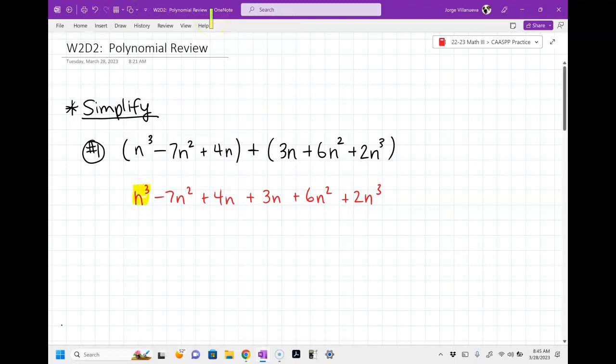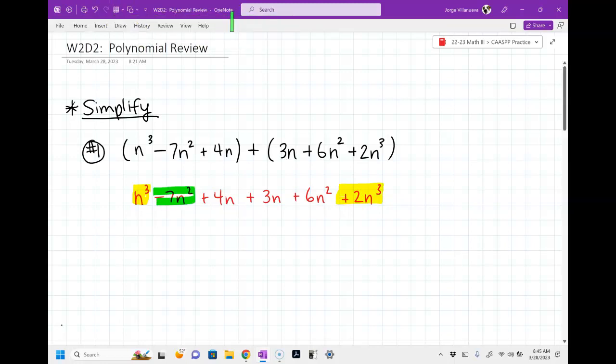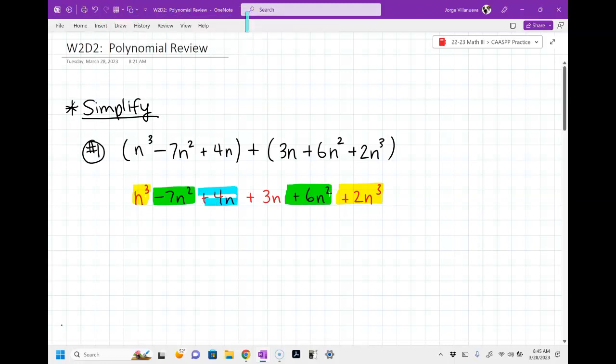I have my n cubed with my positive 2n cubed. I have my negative 7n squared with my positive 6n squared. And then I have my positive 4n adding with the positive 3n.